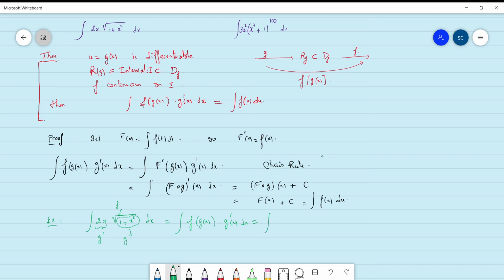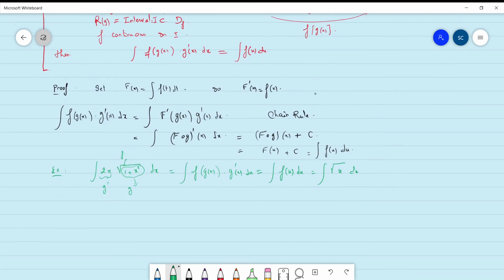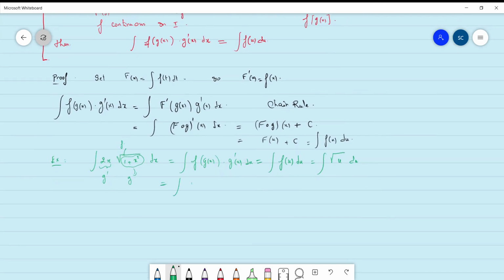So finally it comes to finding the integral of f(u) du, but f(u) is just the square root of u, and this is a power function. We know how to compute an antiderivative. So it's u to the power 1 over 2 plus 1, over 1 over 2 plus 1, plus C. Here I have 3 over 2.